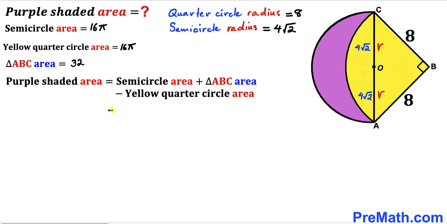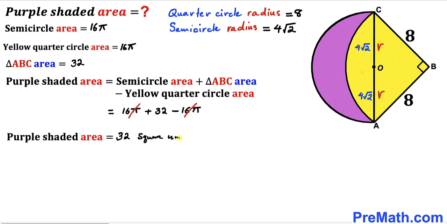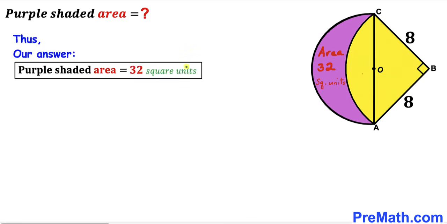Let's fill in the blanks: 16 pi plus 32 minus 16 pi. Now we can see this negative 16 pi and this 16 pi cancel each other out. So our purple shaded area turns out to be 32 square units. Thus the purple shaded region area turns out to be 32 square units, and that's our final answer.